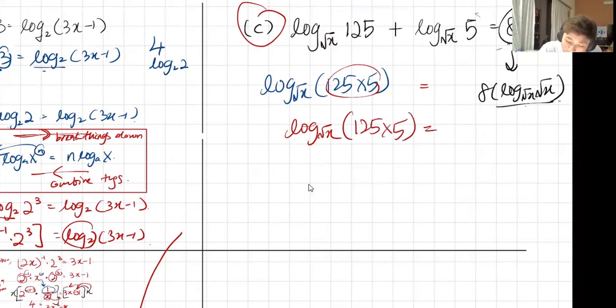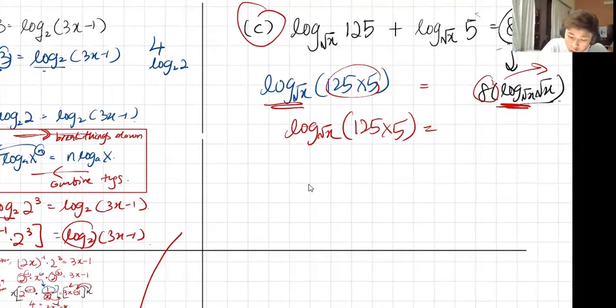So you realize that you need to shift this one on top. Why? Because you want to make it a clean log base square root x, because on the left is a clean log base square root x. So you want to bring the 8 upwards. Let me tell you something about comparing. If you want to compare, you must make sure the look of the left hand side is the same as the look of the right hand side.